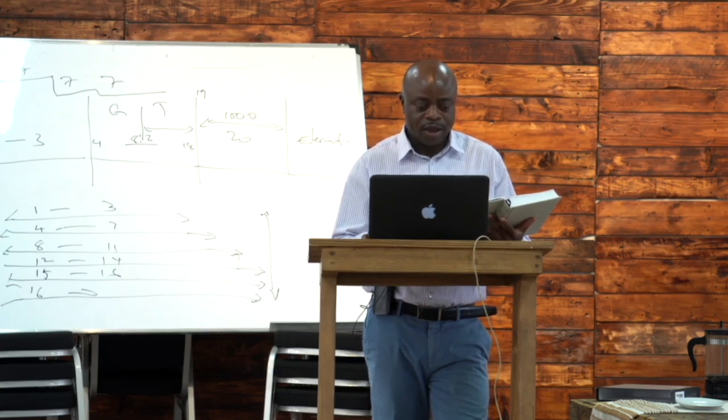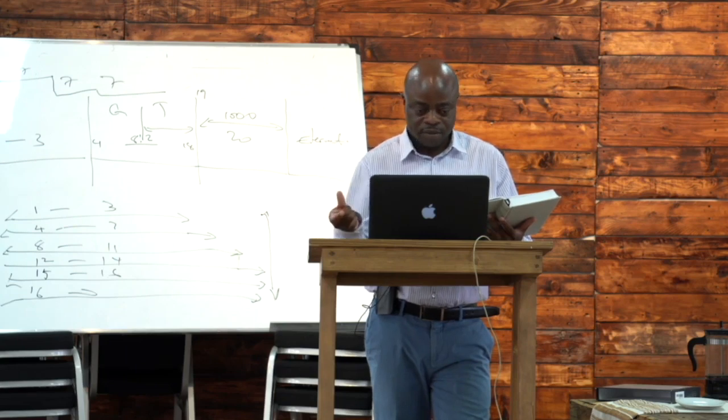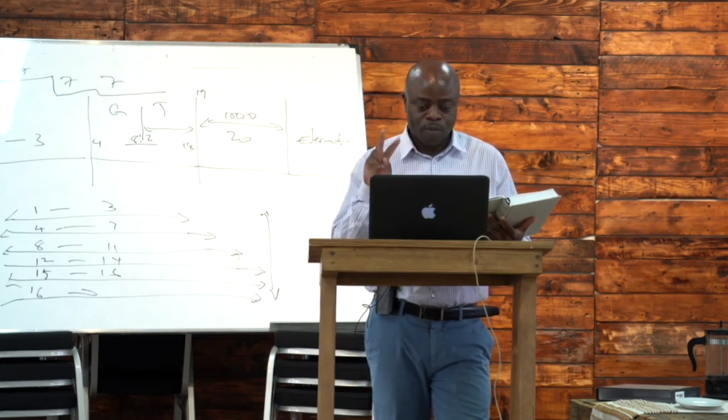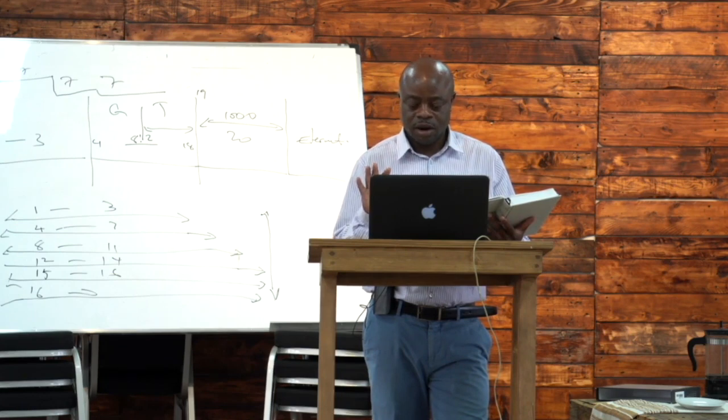A similar introduction is given in 17:9. In interpreting the 7 heads of the beast, he uses the same phrase: here is the mind with wisdom. So these literary connections mean a lot in the interpretation of numbers. The resemblance between the two passages is clearly deliberate in Revelation.